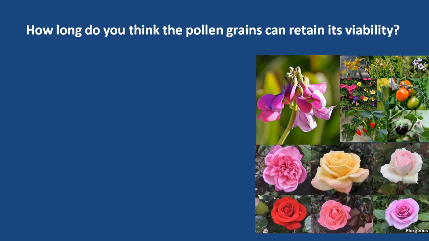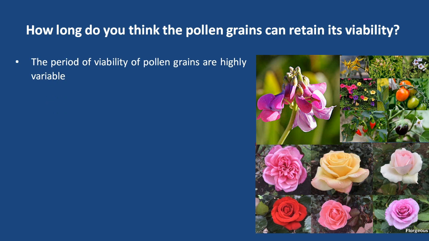There are different types of plants, different types of flowers. So different flowering plants show different duration of viability of pollen grains. Periods of viability of pollen grains are highly variable.